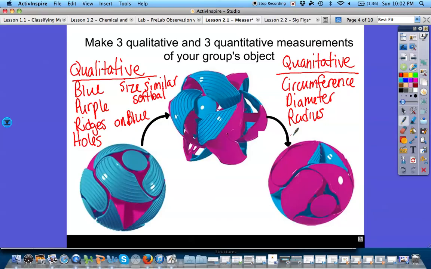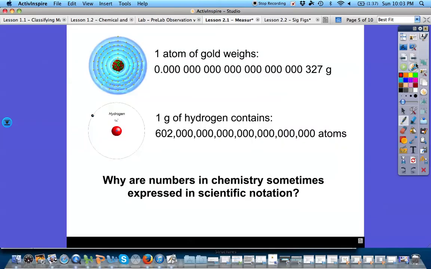We can determine the weight of it or the mass. All of these are going to have a specific number and unit that go with them. So that's the difference between qualitative and quantitative measurements.